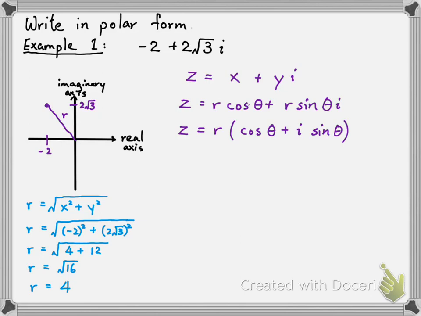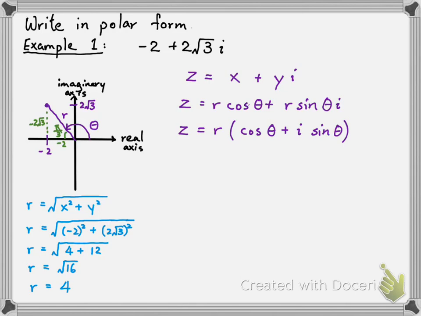Now to find theta, since we know that x is -2 and y is 2 square root of 3, we recognize that this is a special triangle with the reference angle of pi over 3. Therefore, to find theta, we could have pi subtract pi over 3, which is 2 pi over 3.